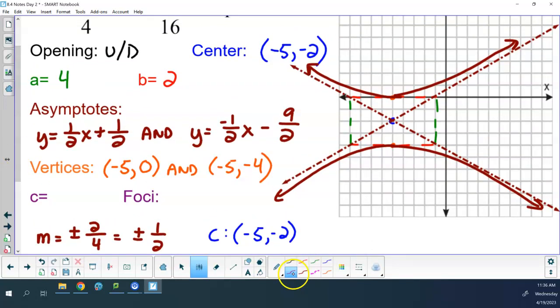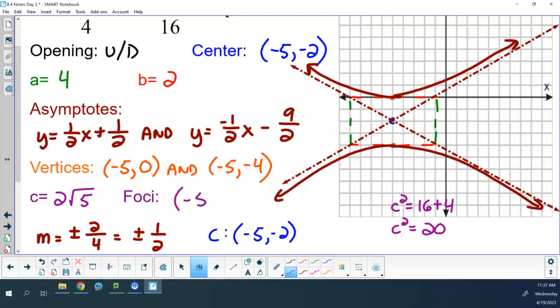C squared is going to be a squared plus b squared. So C squared is going to be 20, which makes C be 2 square roots of 5. Because my foci are up and down, that means it's going into the y part of the center.